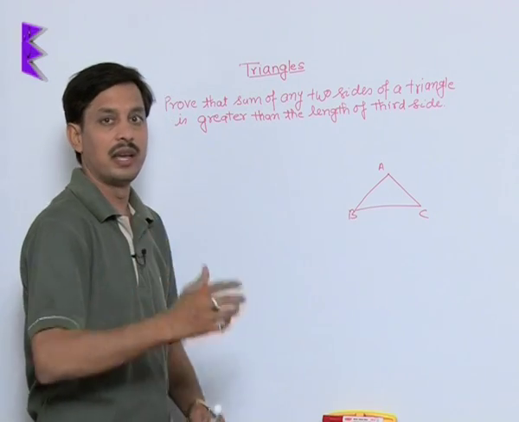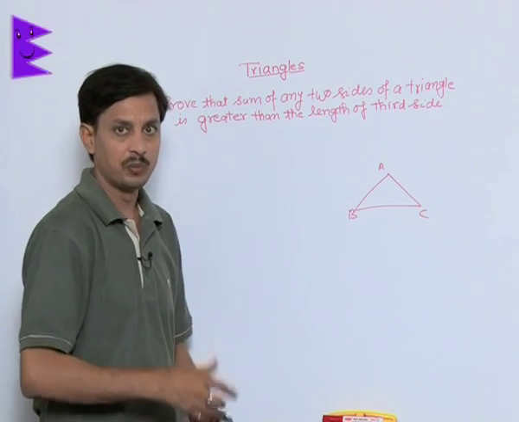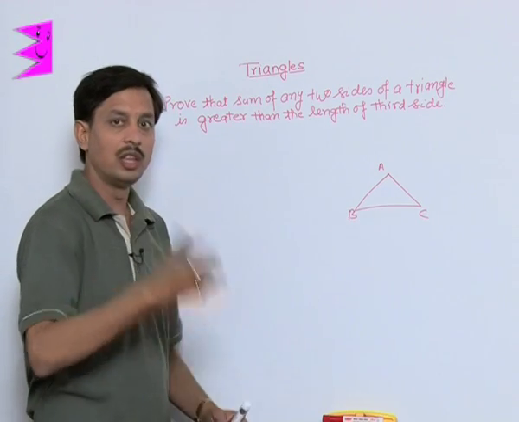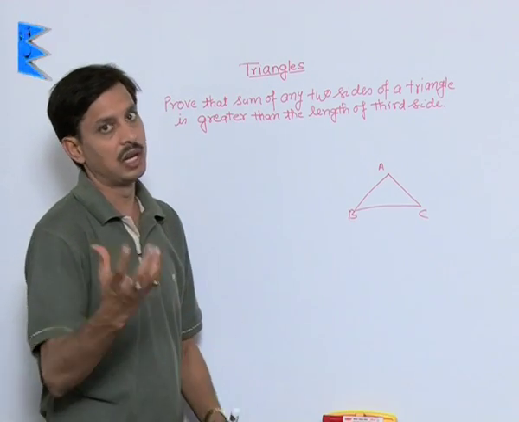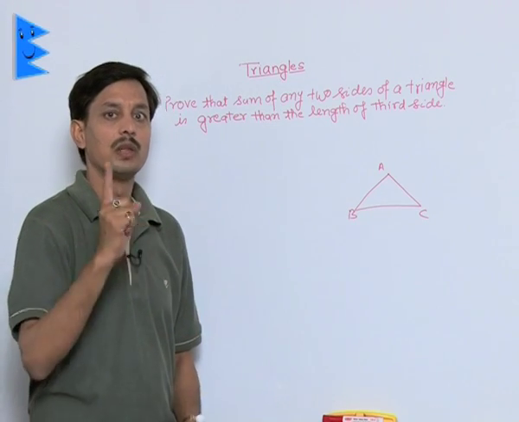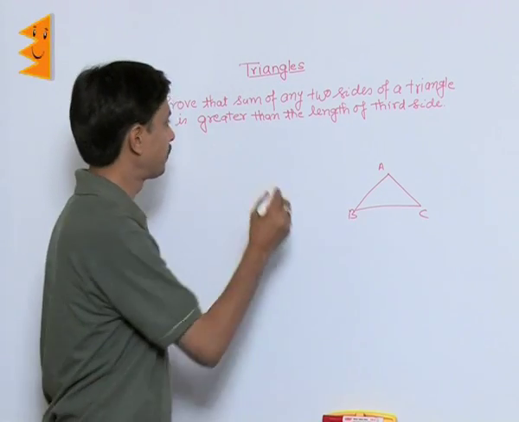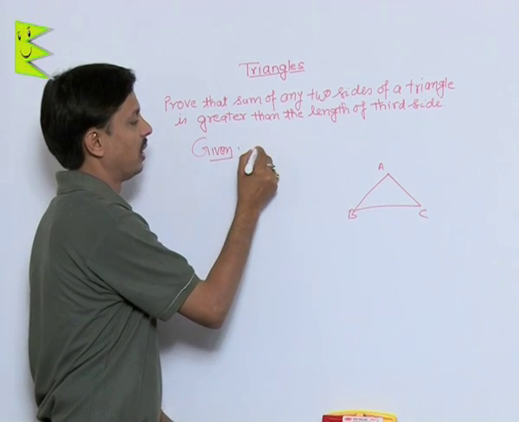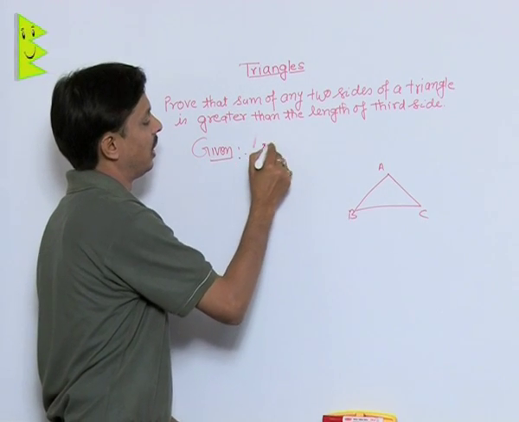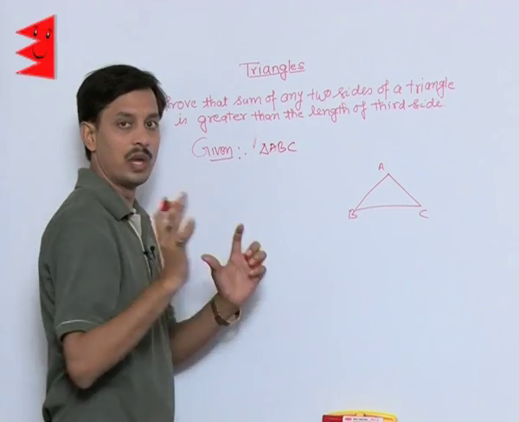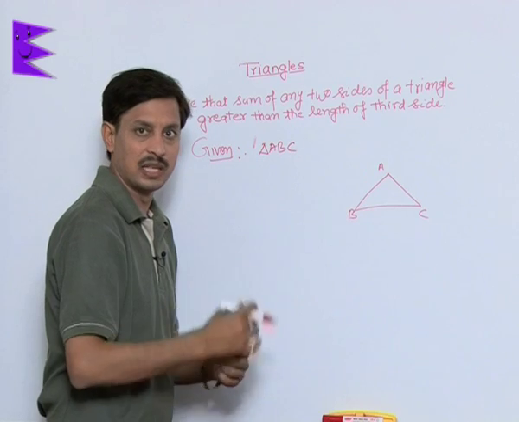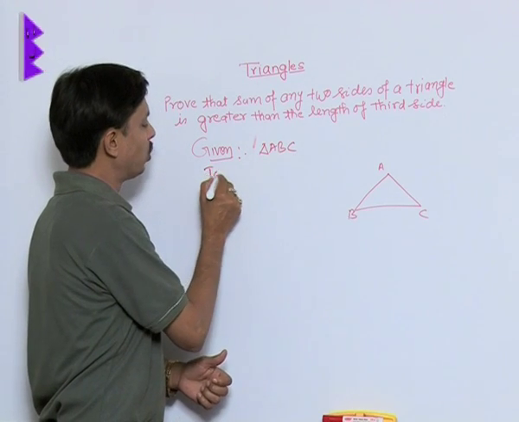So what are the necessary three or four steps while we are proving any inequality or any theorem in geometry? There are a certain number of steps to be followed. The first one is the given. What is given here? Given is triangle ABC. We can also take triangle PQR or XYZ. What do we need to prove?